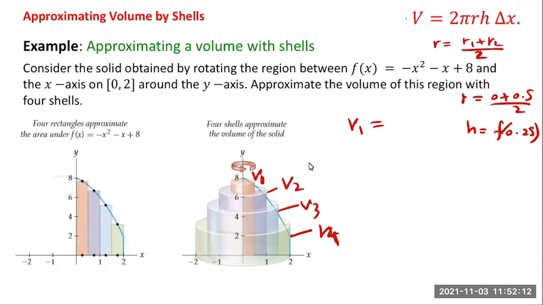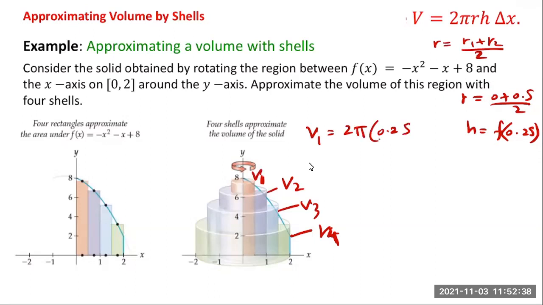Would you agree with me? Because this point is 0.25, from the scale you can easily find it. That is your H: H is F of 0.25. Now I have everything I need to find my volume V1. V1 is equal to 2 pi R, where R is the average radius. We found the average radius, which is 0.25, divided by 2.